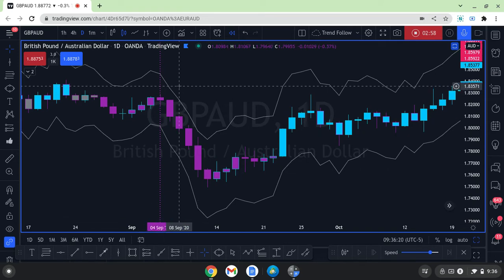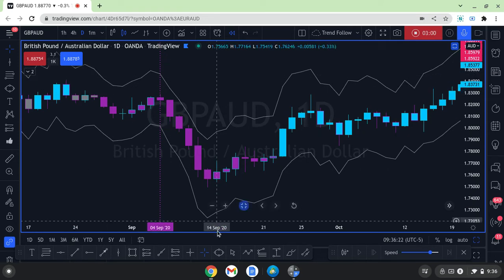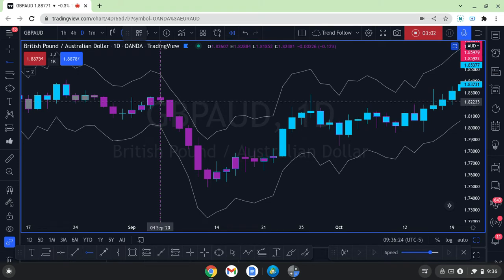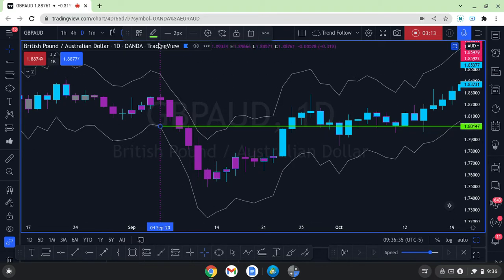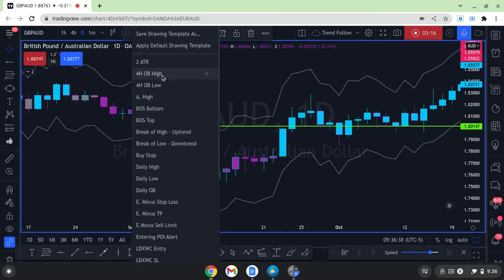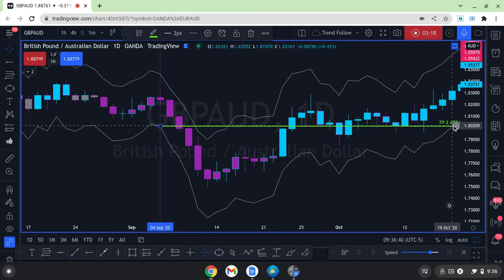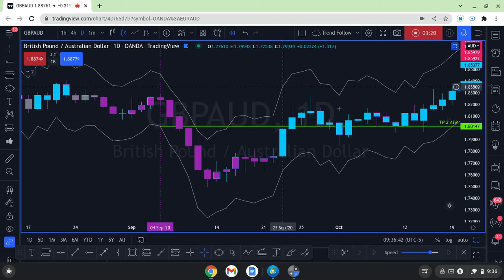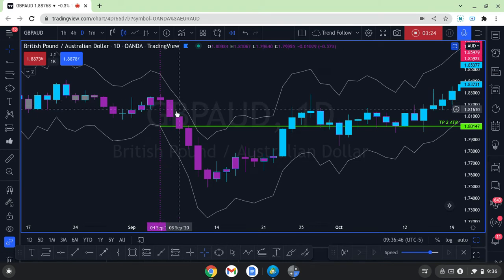Then you grab a horizontal line, and where this vertical line meets the squiggly line, because we're selling and this is a purple candle, which is red for us, a selling candle, you mark where it meets. Then I teach them to put a template on it. That's a TP2, which is 2 ATR. What that means is when we open this trade and price finally hits this point, we are going to start trailing. That's all it does.